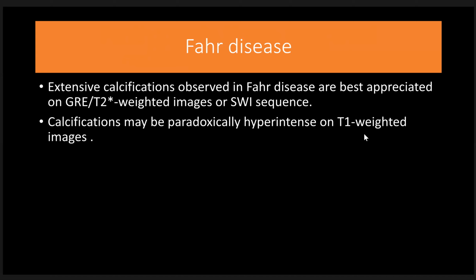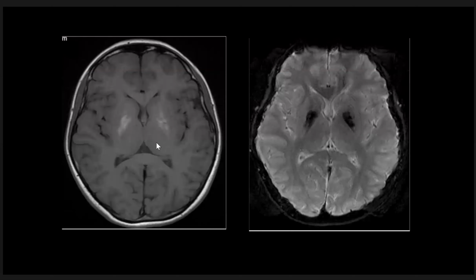And we see here the T1 hyperintensity in the basal ganglia, with the gradient echo and susceptibility weighted images showing a blooming effect, and this is a calcification.